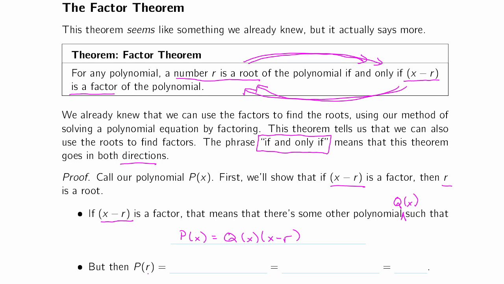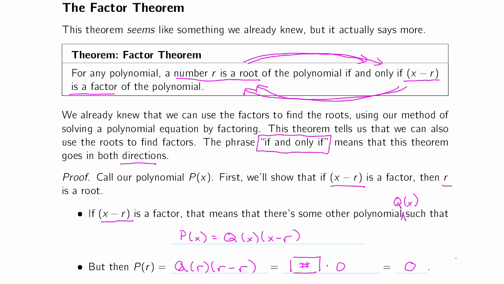But then if we take p of r, that's q of r times r minus r. R minus r is 0, so that's some number times 0, right? Q of r works out to something, we don't know what.